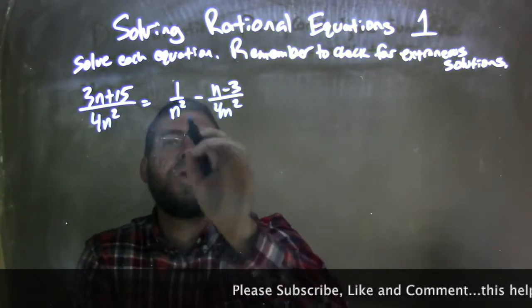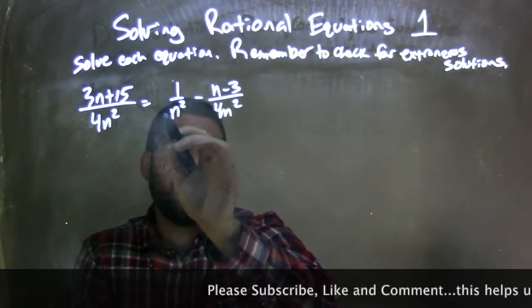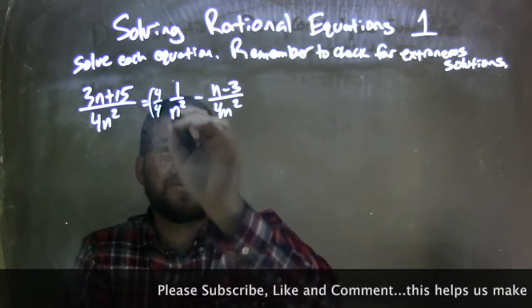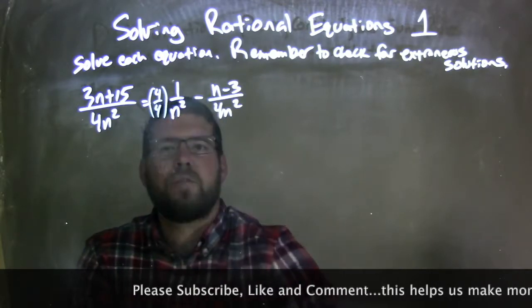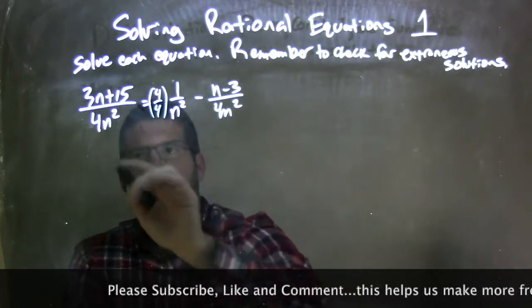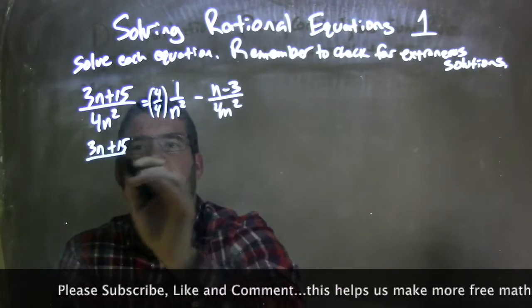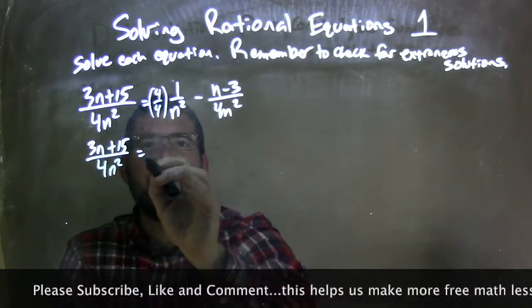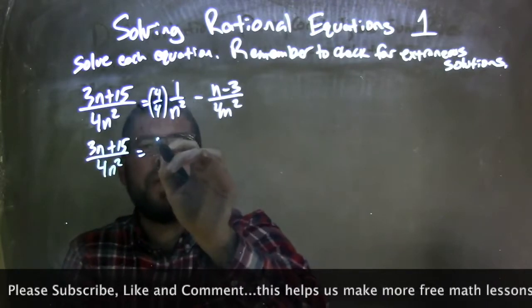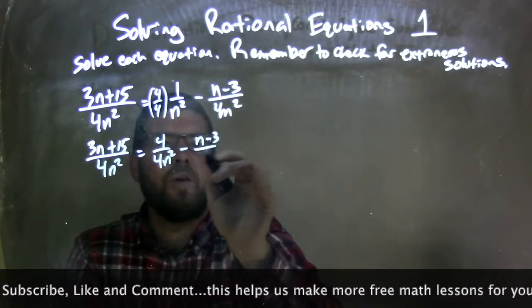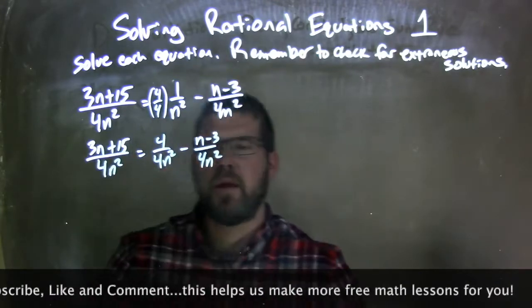All I need to do is have a 4n squared down here. So if I multiply this by 4 over 4, which is essentially 1, that'll give me a 4n squared in the base. So I have 3n plus 15 on the left over 4n squared is equal to 4 over 4n squared minus n minus 3 over 4n squared.